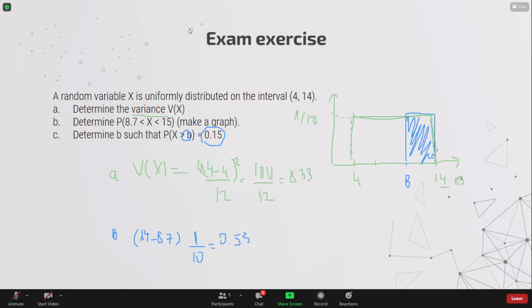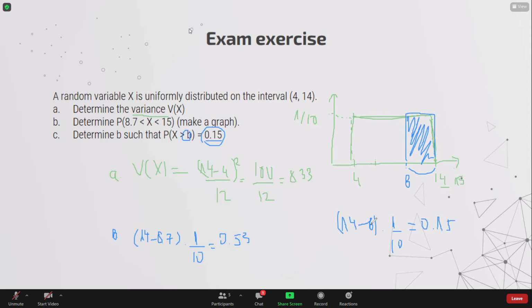And what can we do? We just substitute and take the formula for a simple rectangle. The first side is 14 minus b times the height, which is always 1 over 10. And we know that that area equals the number that is given, 0.15.